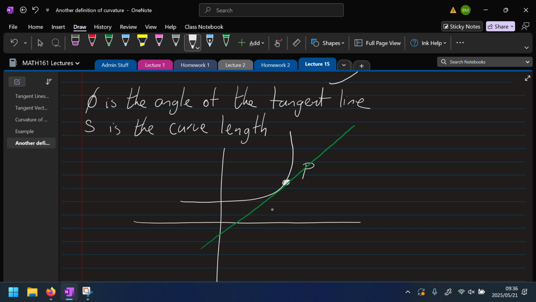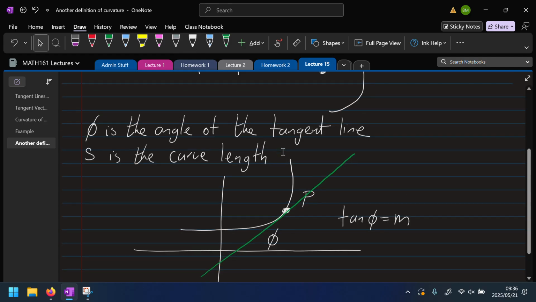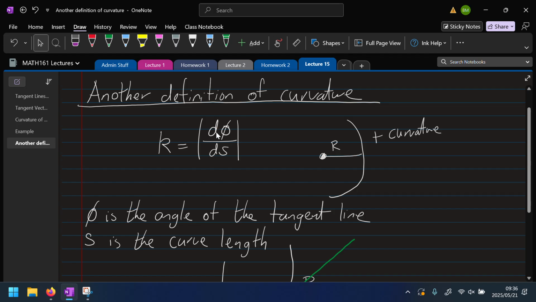So tan phi is m. What we want to do is figure this out and end up with a different equation for the curvature. Then for homework, you're going to show that that is the same as the previous definition.